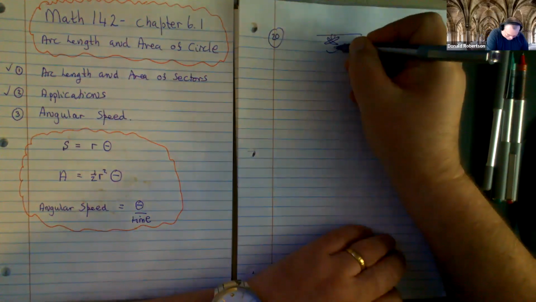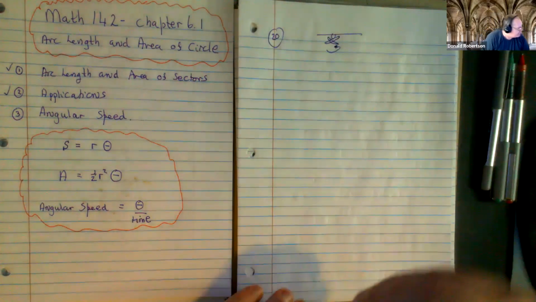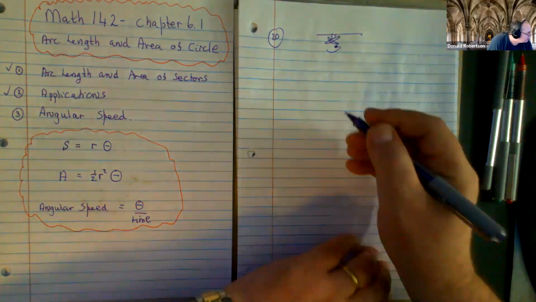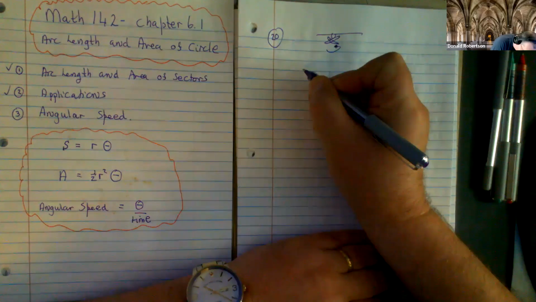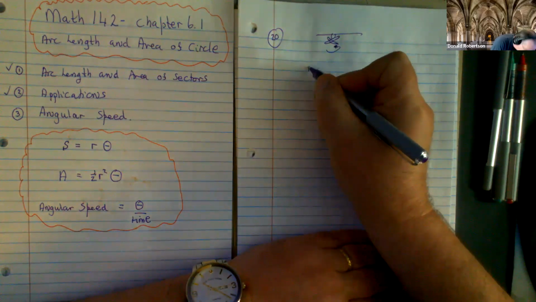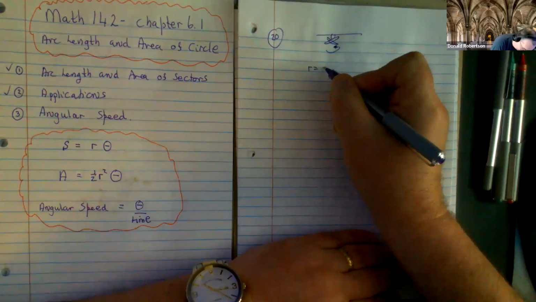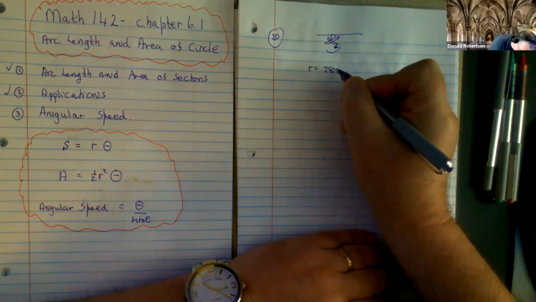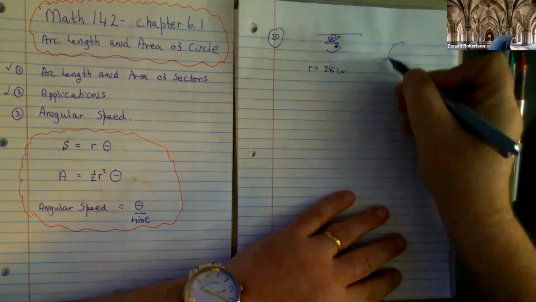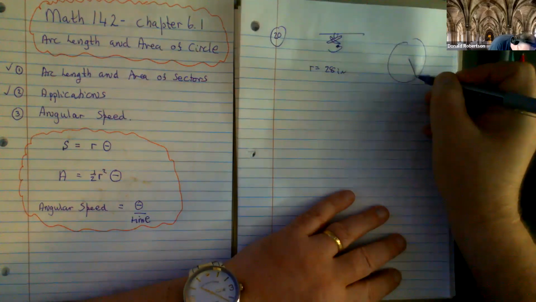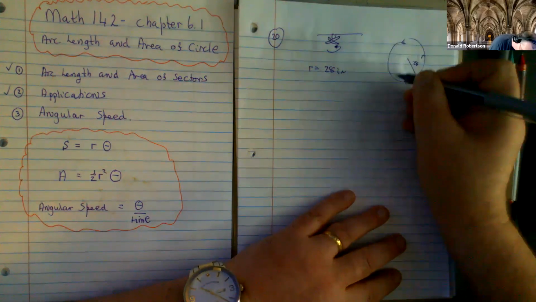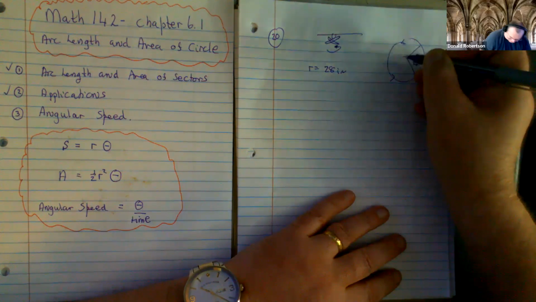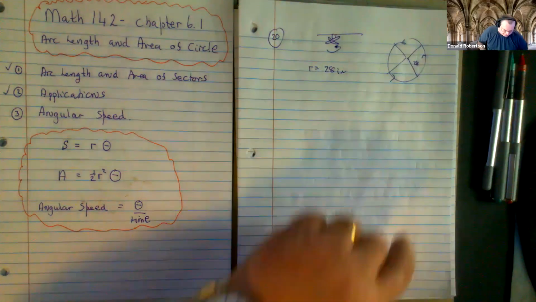But anyway, it's rotating as ceiling fans do. And they tell you that each blade is 28 inches. So basically they're telling me that, if you draw vertically, you can imagine that's the blade, and there's more than one of them, but as it rotates, the radius is 28.